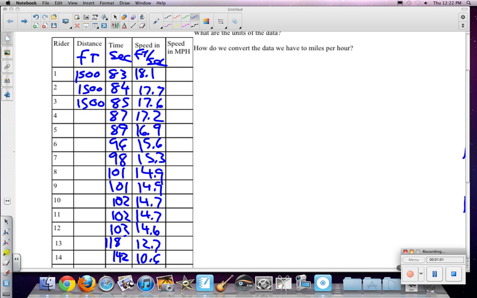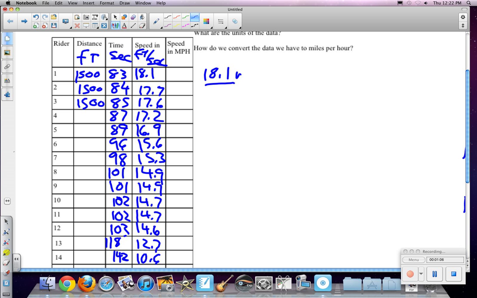So I'm doing 18.1 feet per 1 second. So now I need to convert it into miles per hour. So what do I need to do?